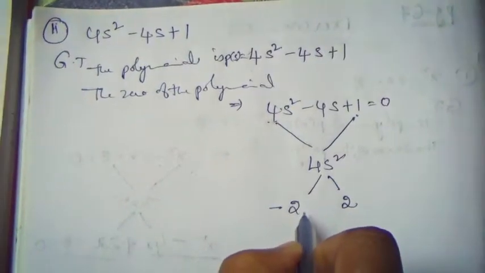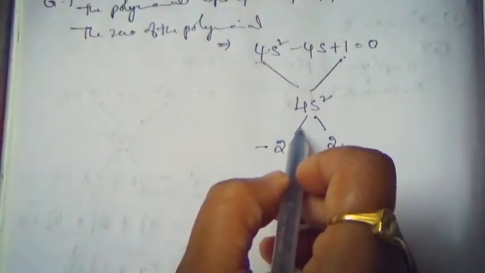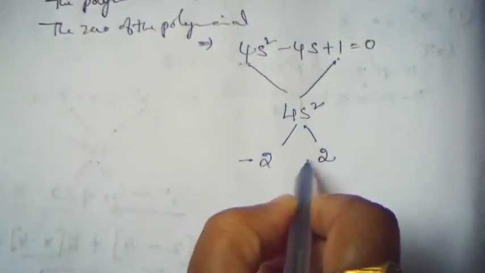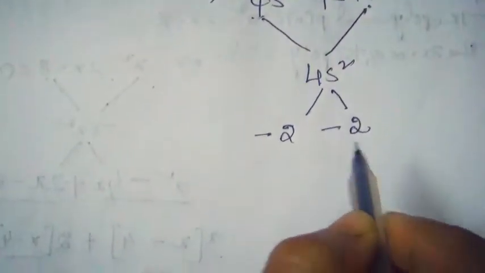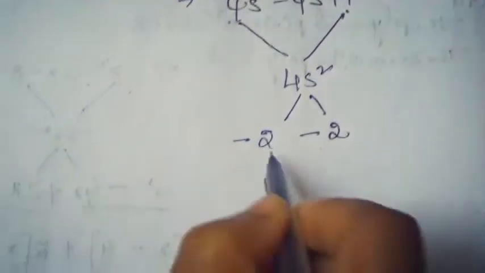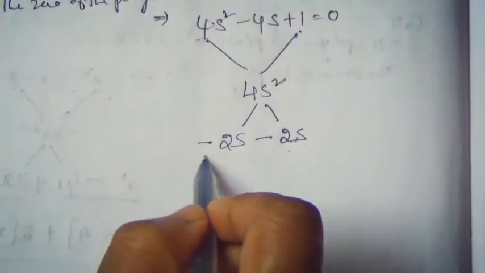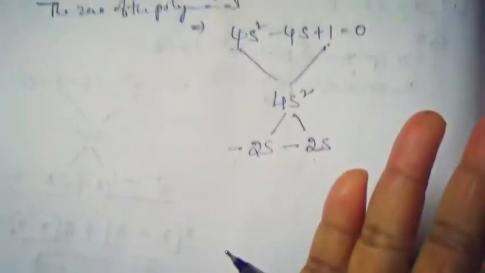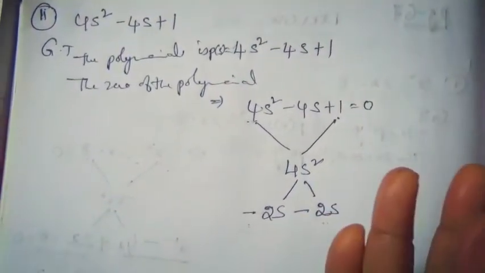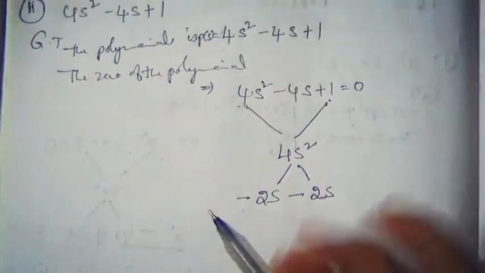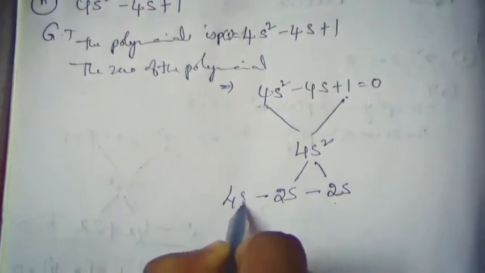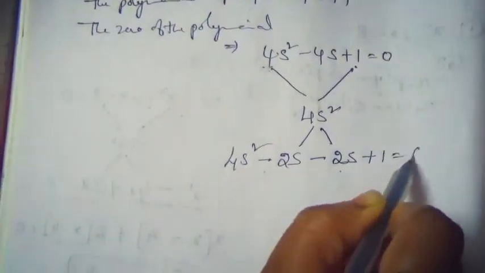So I'll keep minus 2 and minus 2: 2 2's are 4, s into s. Then you get minus 2s minus 2s. You just keep the minus as usual, right? So 4s square plus 1 is equal to 0.